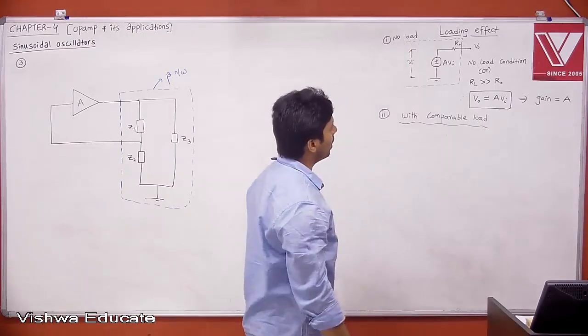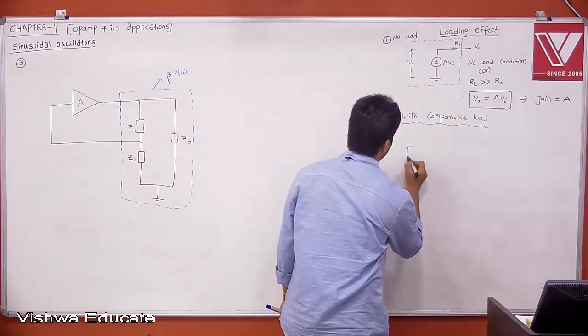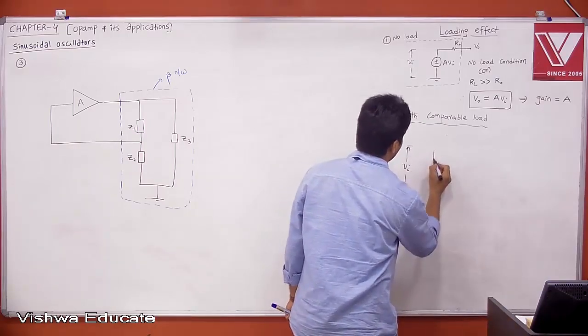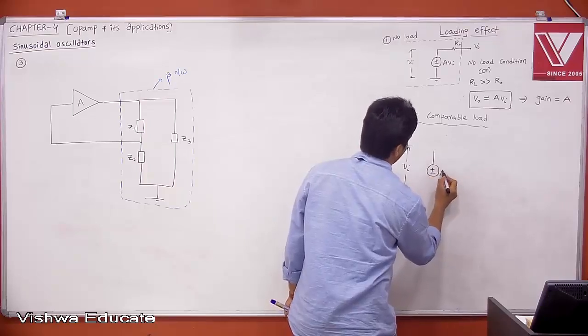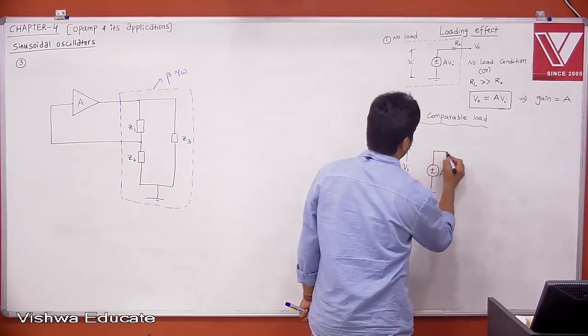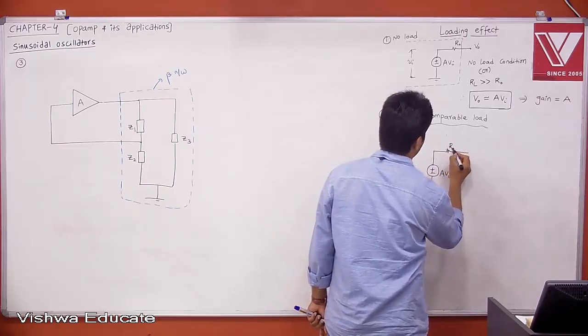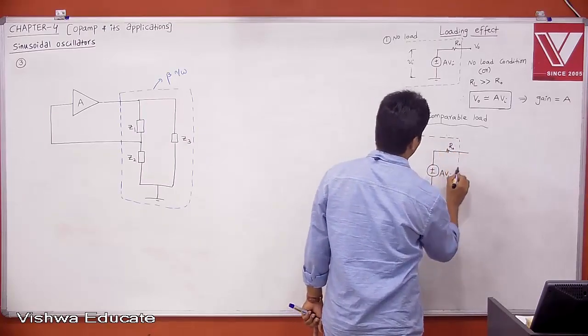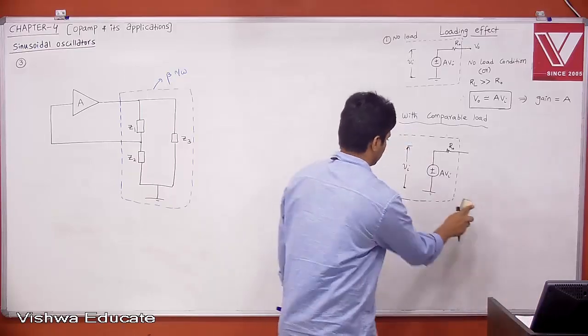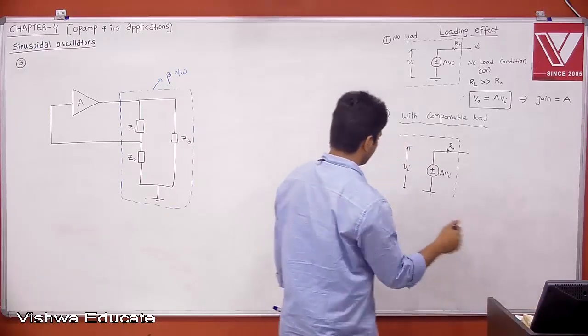Now with comparable load, this is your Vi, and this is your A into Vi. Now this is your R0. Therefore, this is your amplifier.